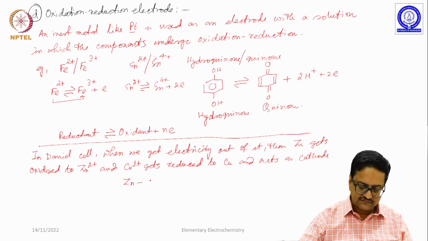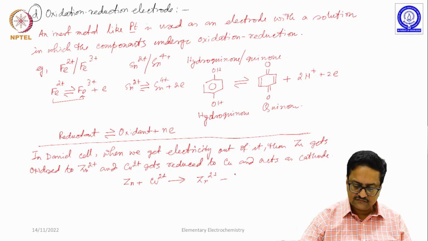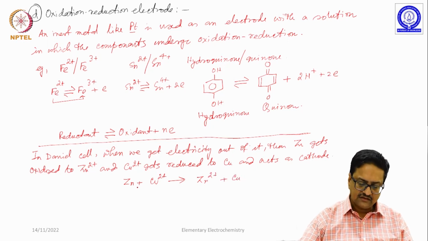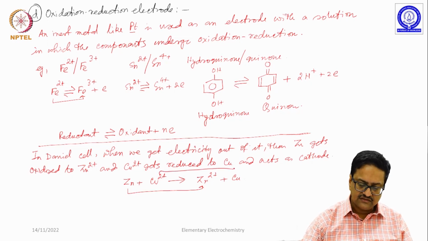So this cell reaction is written as Zn plus Cu2+ giving you Zn2+ plus Cu. So here this is oxidation, this is reduction.